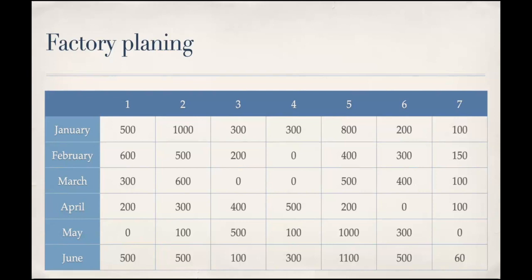In that case, the contribution to profit is fixed, right?